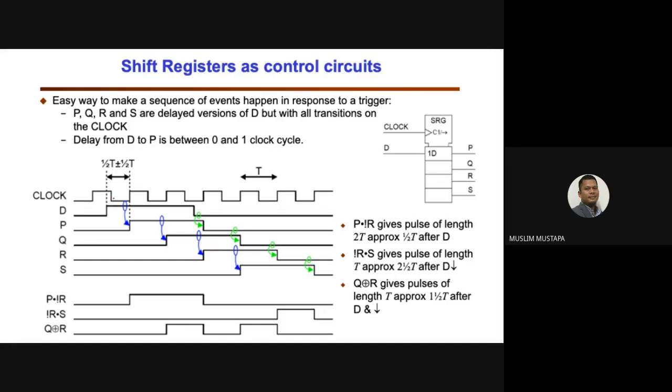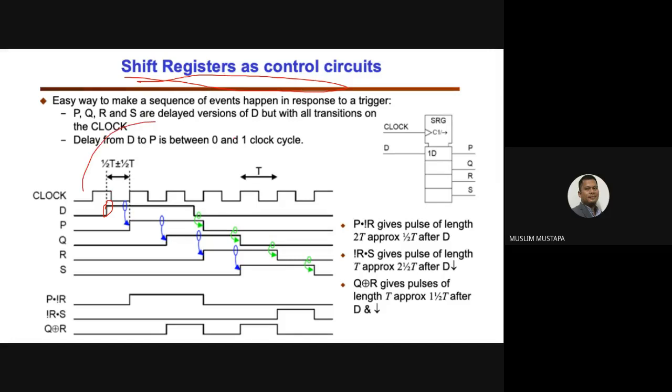At the first clock cycle, the one value is here in D, and at the second clock cycle, the one value moves here, then it moves to the next one. This is just the basic concept of how we can use a shift register as a control. In this topic we are discussing control, and right now we are looking at how to use a shift register as a control.